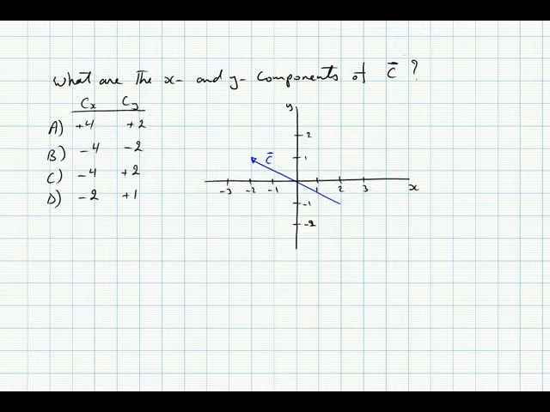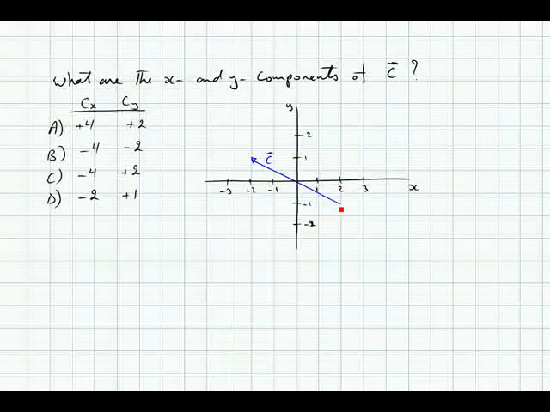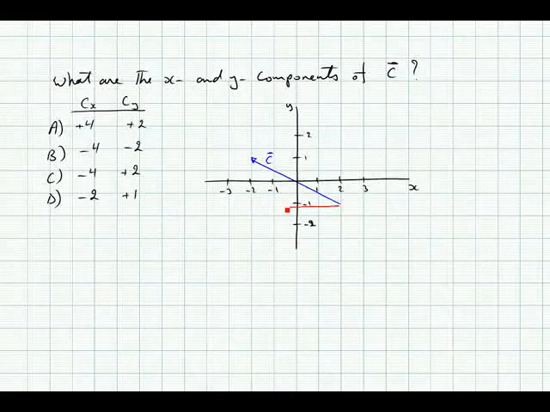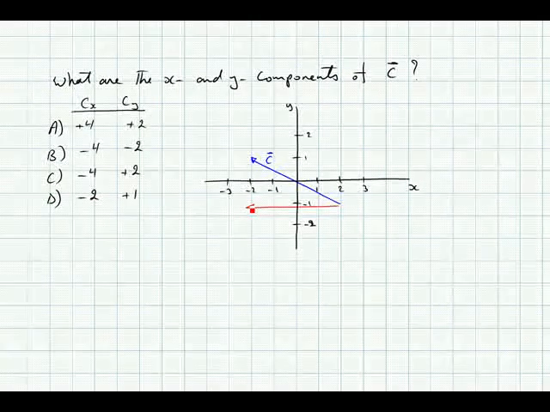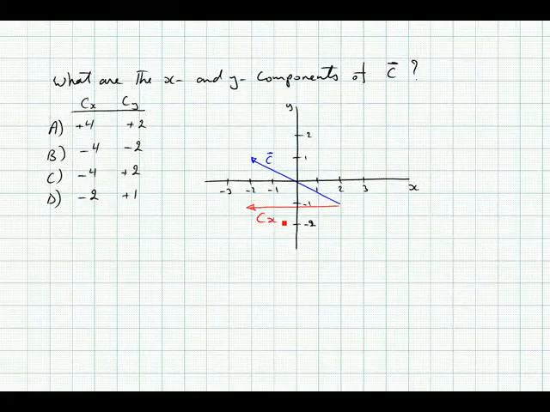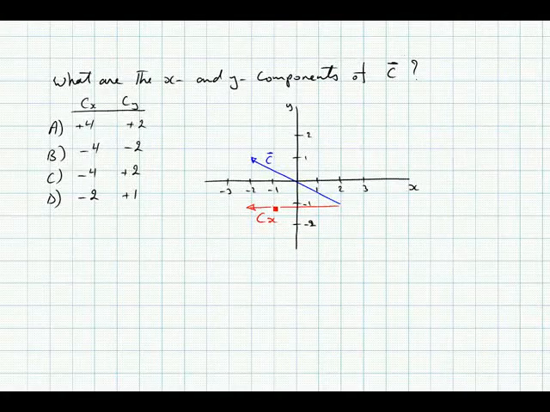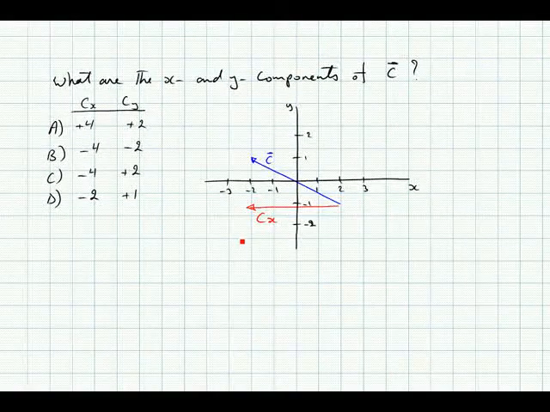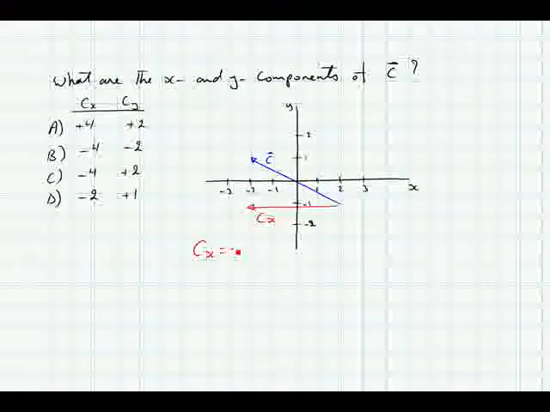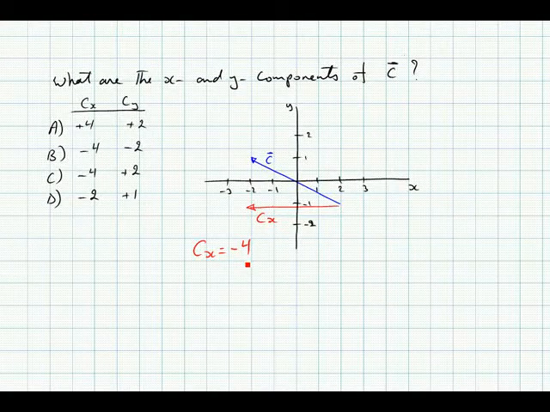Well, the x component of C is this vector right there. So this is Cx, which is 1, 2, 3, 4 units long, but it's pointing away from the positive x-axis, therefore Cx is equal to -4.